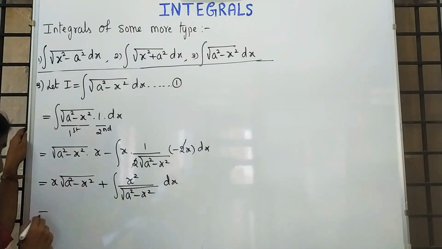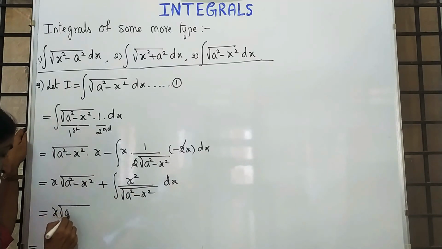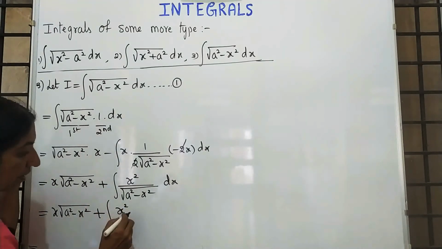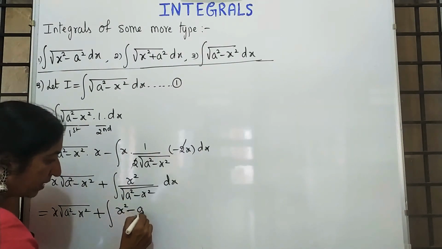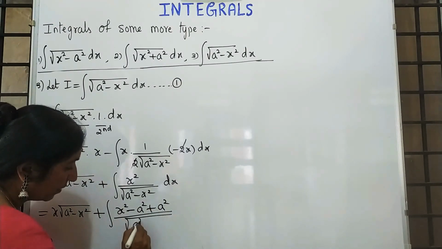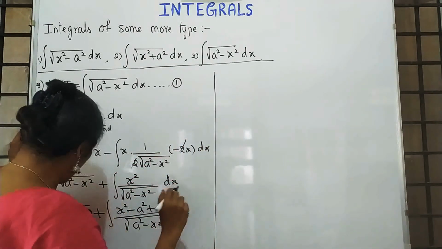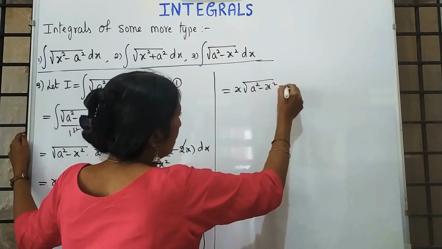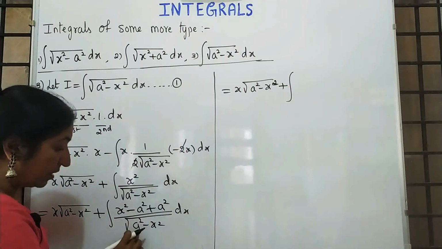Again we have to rearrange the numerator depending on the denominator. x into root of a square minus x square plus, here I am writing x square because we required a square minus x square minus a square plus a square upon root of a square minus x square into dx. I will show you the adjustment, you don't worry about that. It is x into root of a square minus x square, middle plus is there, integration. See, x square minus a square, this is a square minus x square.